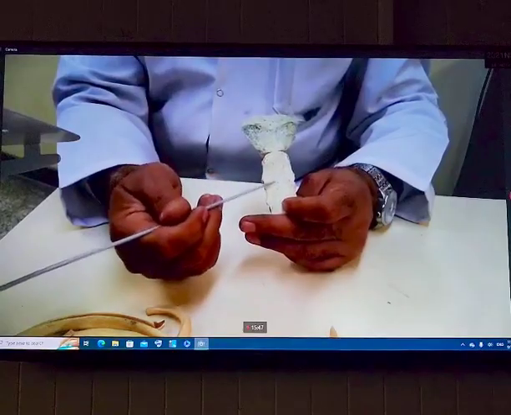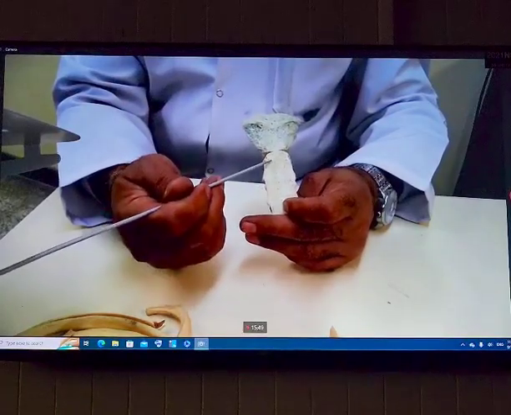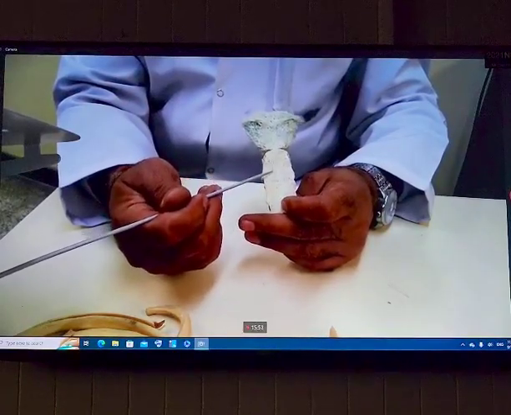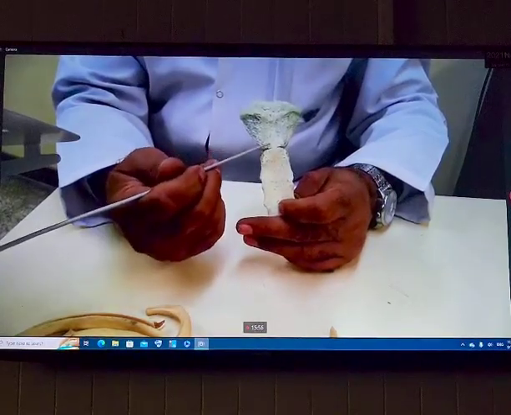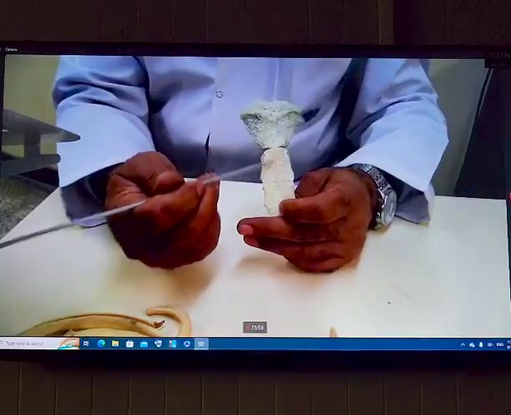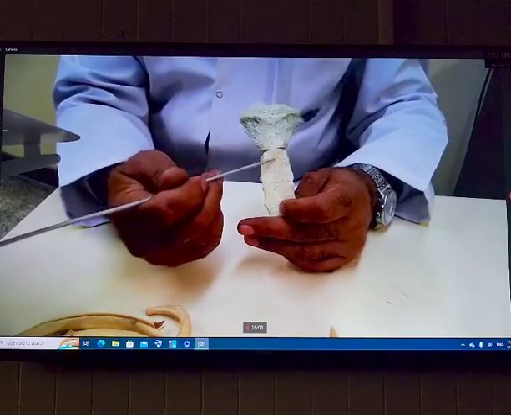These pieces of cartilage that ossify after the fetal period are called sternebrae. So you can see many ridges here, but the sternal angle, the manubriosternal joint, is very prominent as a ridge here.